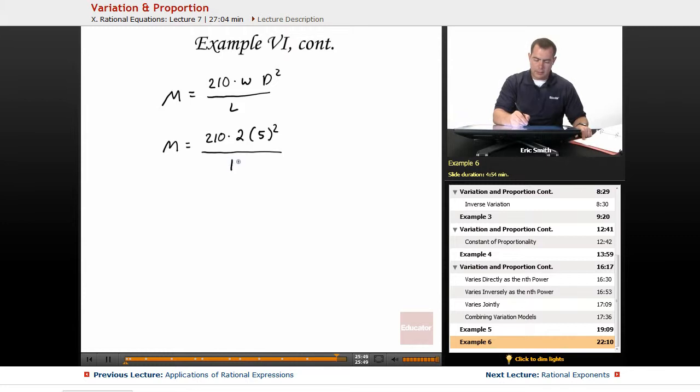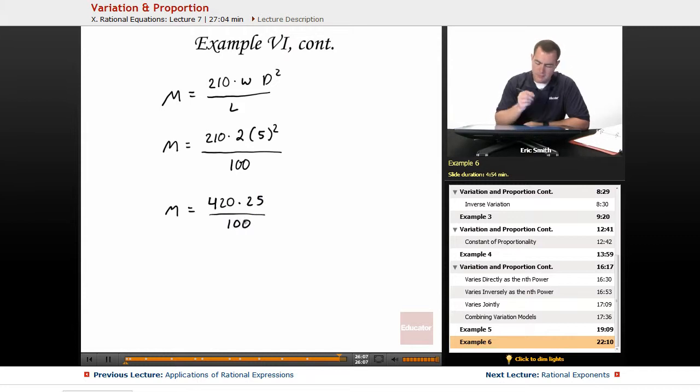It also has a length of 100. So as soon as we simplify all that, we'll be able to figure out what its maximum load should be. All right, so 210 times 2 would be 420, times 25, all divided by 100.